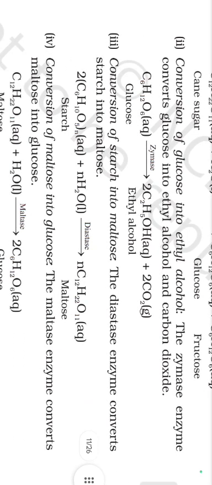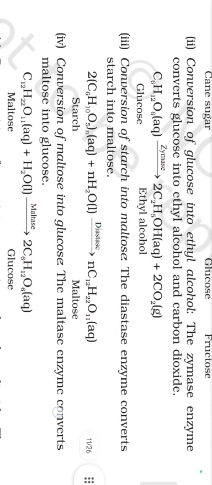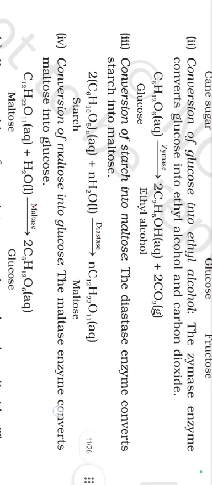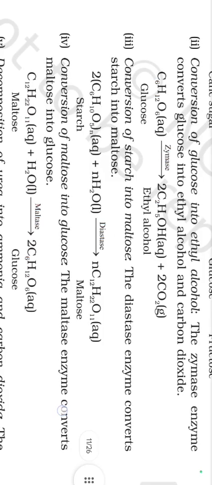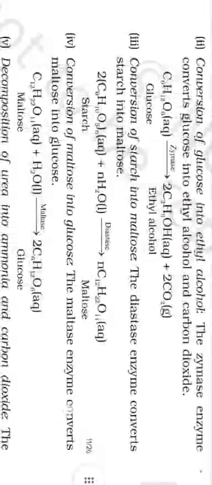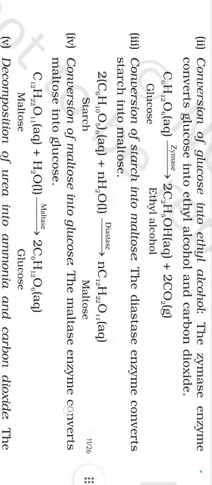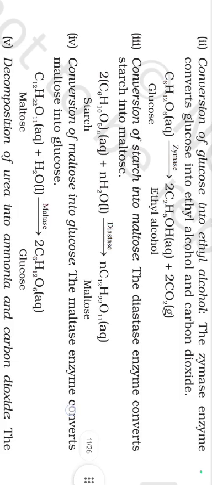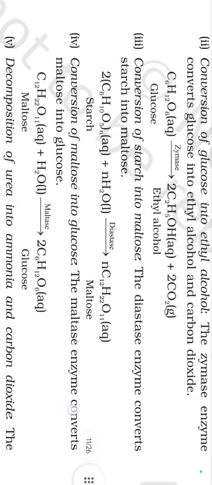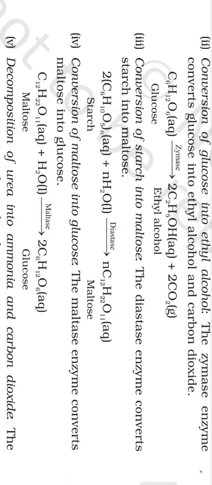Second, conversion of glucose into ethyl alcohol. The zymase enzyme converts glucose into ethyl alcohol and carbon dioxide. C6H12O6(aq) glucose in presence of zymase gives 2C2H5OH(aq) ethyl alcohol + 2CO2(g).